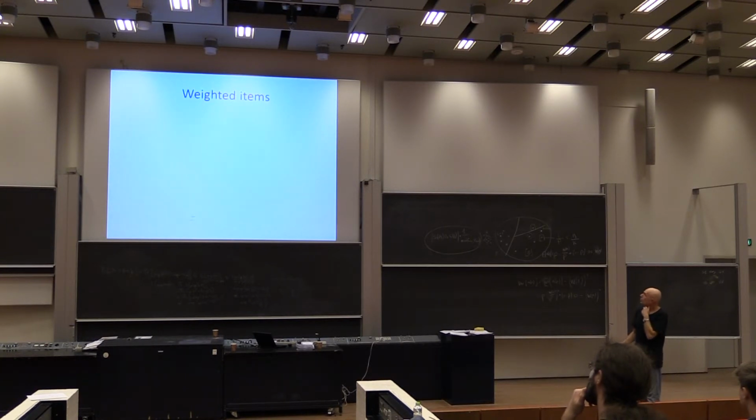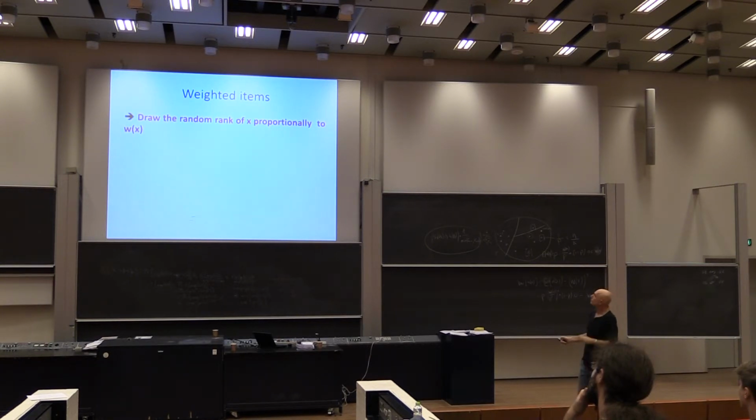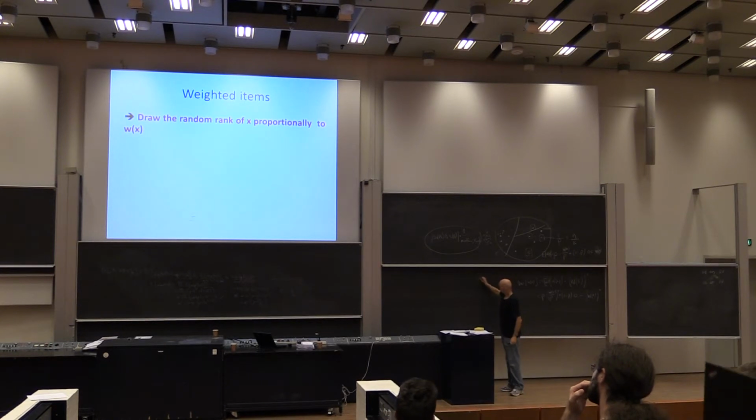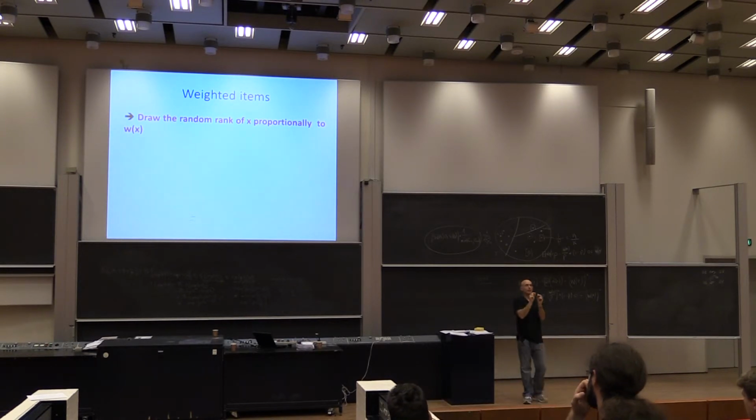So the way to deal with that is to change the sampling scheme. So far we just hash each item and we take the smallest ones according to the hash value. Now I'm going to stick one step in the middle.